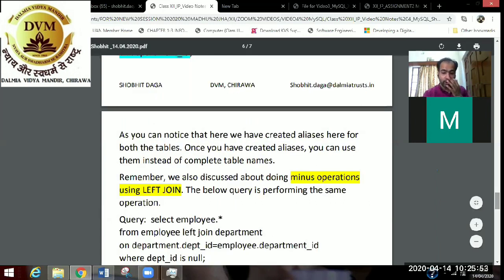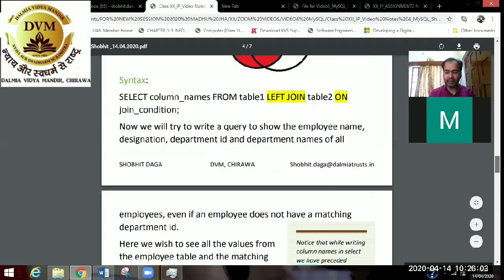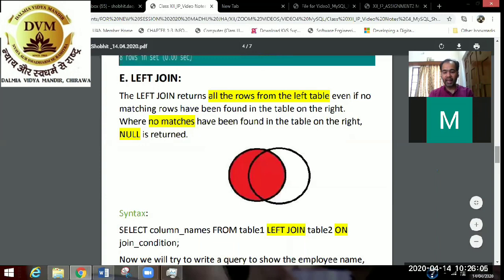Remember, we also discussed that the minus operation can be performed using left joins. But there is a slight difference between the minus and the left join. As you may see, the left join suggests that all the values from the left table should be shown in the output.